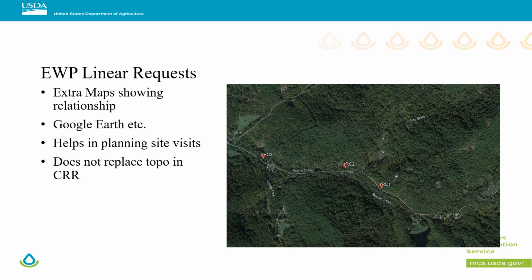These things are attached geographically, but they're not linked to one another in a very tight area. So this doesn't replace a topo in the CRR, but this is the type of additional information that can be very helpful.